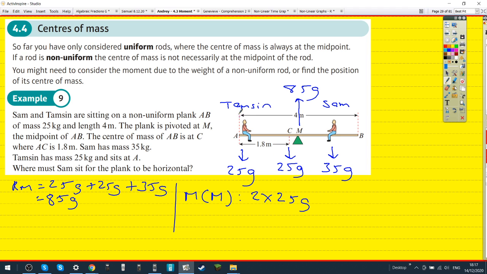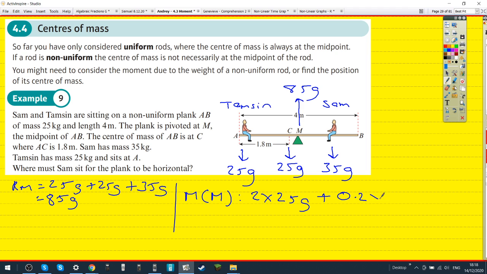So you got this Tamsin force. Now do the force at C. So will that be just the same distance? Or 1.8? Distance from M to C? Oh, 0.2?